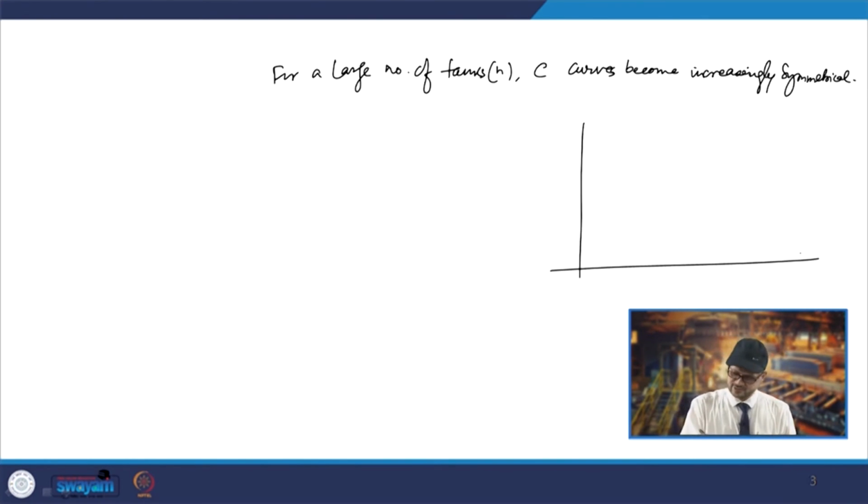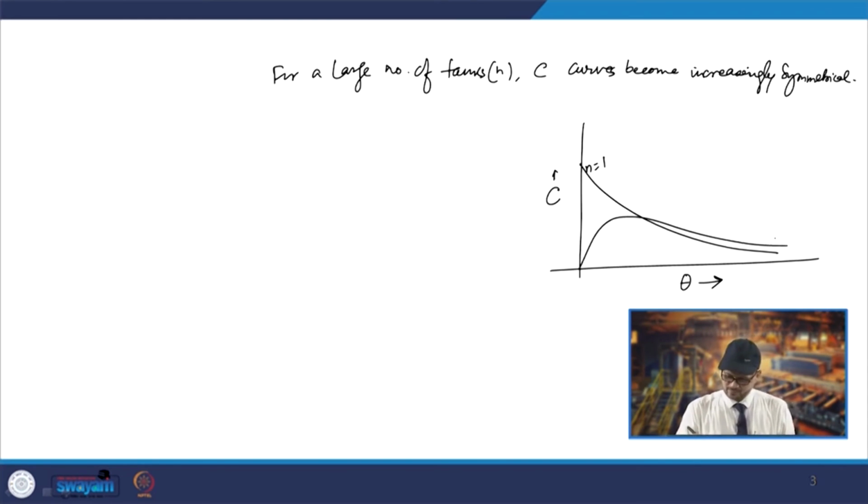What is seen is that if you have C on this axis and theta on this axis, then for n equal to 1 it will go like this. Now if you have n equal to 2, that will move like this.